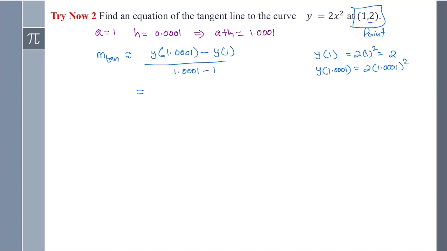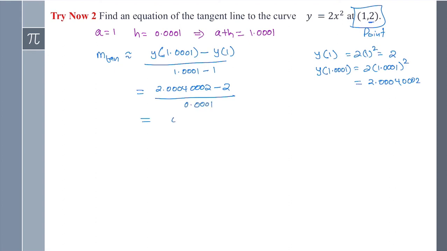1.0001 squared. And if we put this into the calculator, we are going to get 2.00040002. Okay, so this is 2.00040002 minus 2 divided by, when you subtract that, you get 0.0001.